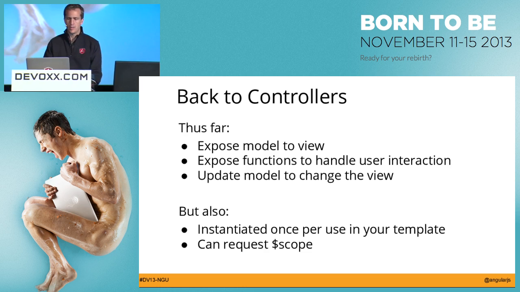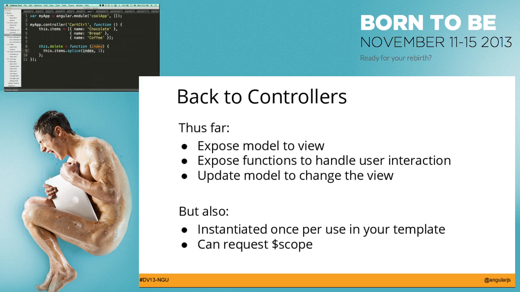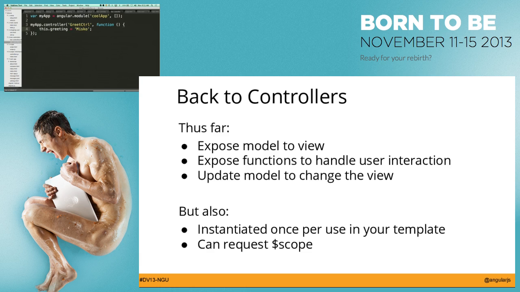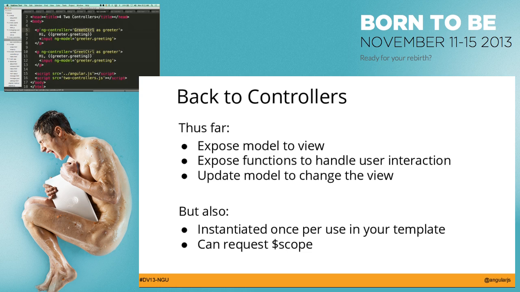So let's take a look. If I've got a controller, the greet controller, and we've seen this before, greet controller just sets up a greeting. And we can use it. If I have two controllers that are specified the same, but just in two different places, I actually get two different copies of it.